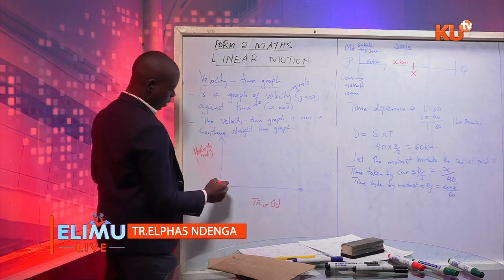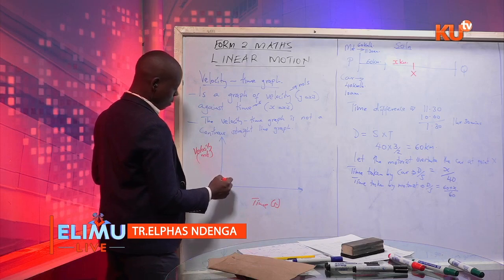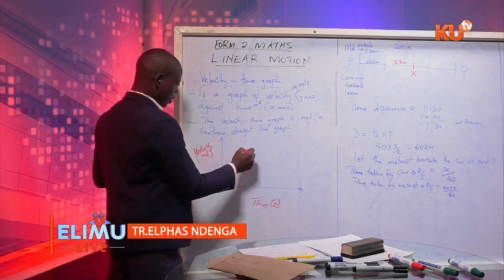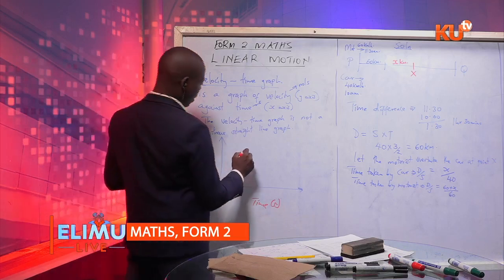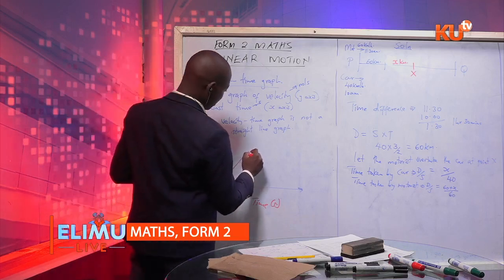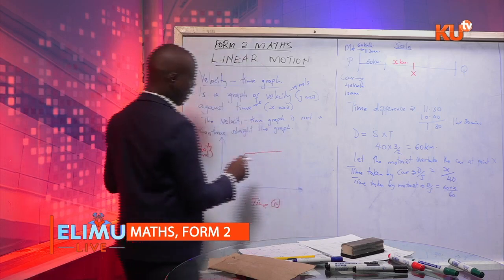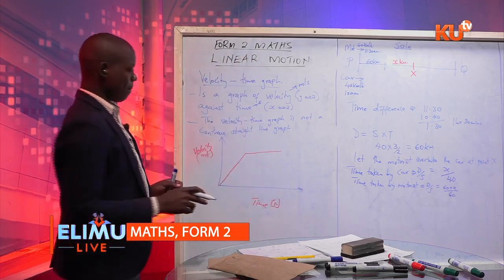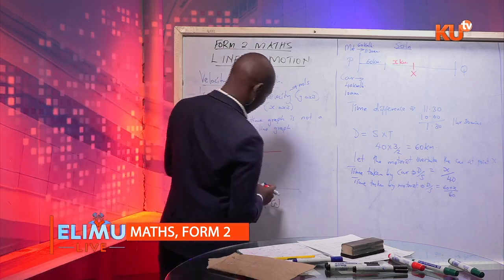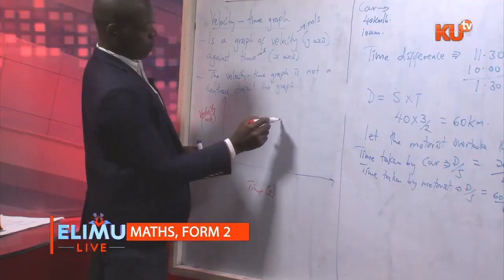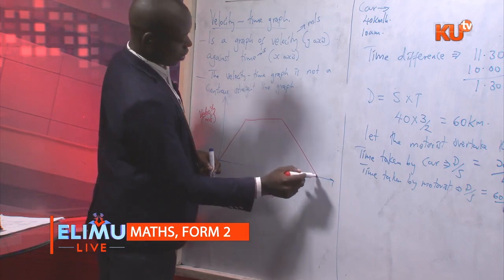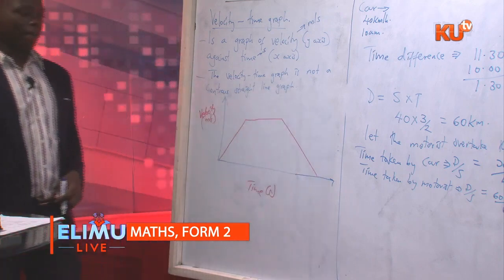So what we have is the object moves from the origin, rising to a certain point. When it gets to that maximum point, the graph takes a different shape, a horizontal straight line. And then up to a certain point where the object turns and moves to the x-axis.